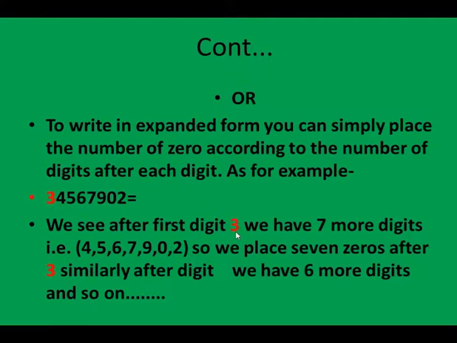So we will simply place 7 zeros after 3, and then the next digit is 4, and we have 6 more digits after 4, so we will place 6 zeros after 4, and so on. According to the number of digits left behind, we place the zeros accordingly behind each digit, and we can write it in expanded form.